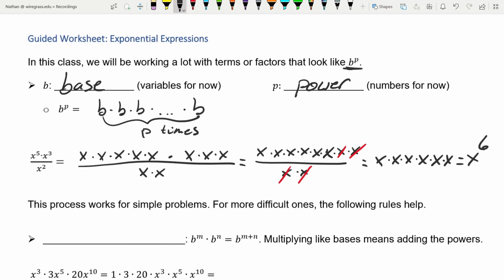And x to the 6th is way more useful, way easier to use than this first expression of x to the 5th times x cubed over x squared. Now, this is a simplistic problem, and we can use just the expansion of the base to solve it. But for more difficult ones that have a lot more in them, it can be helpful to have some rules that we can use.